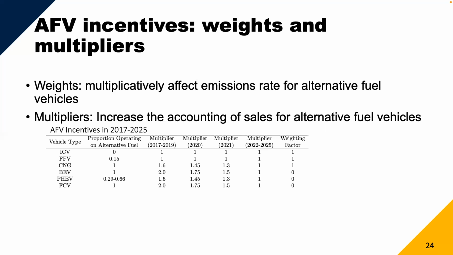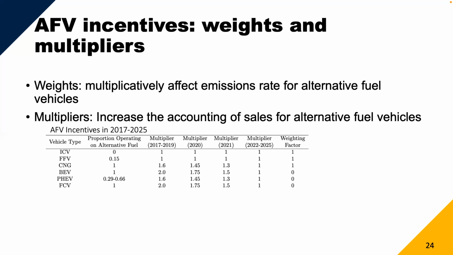For the weights, it affects the emissions rate. For electric vehicles, it's just 0. So basically they're saying, if the effective emissions rate is say 50 grams of CO2 per mile, it's just going to get multiplied by 0. So it just counts as 0.